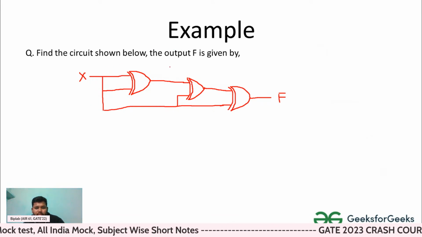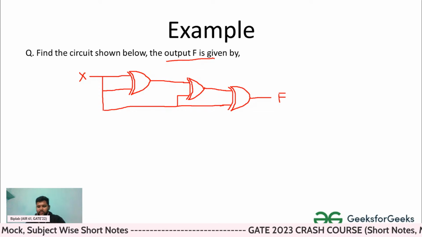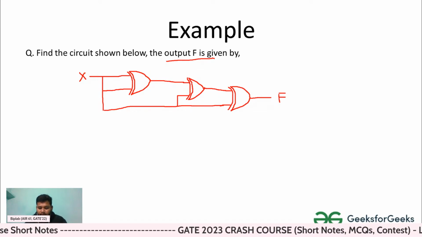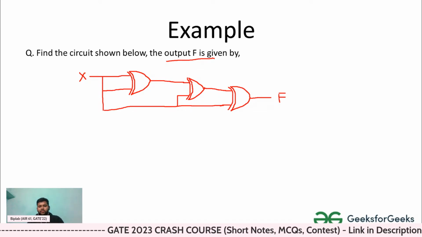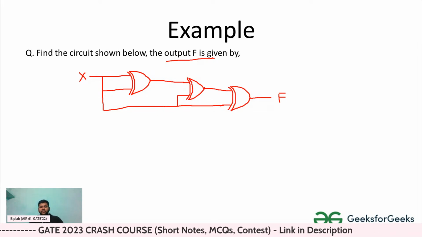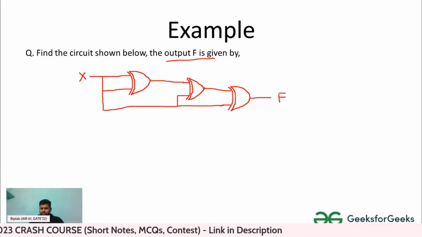In the circuit shown below, what is the output F? You don't have any options in this. Just tell me what the output can be.